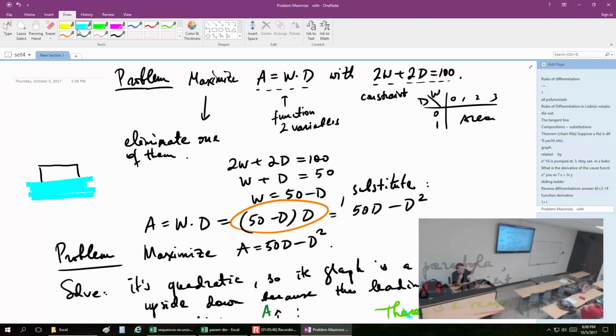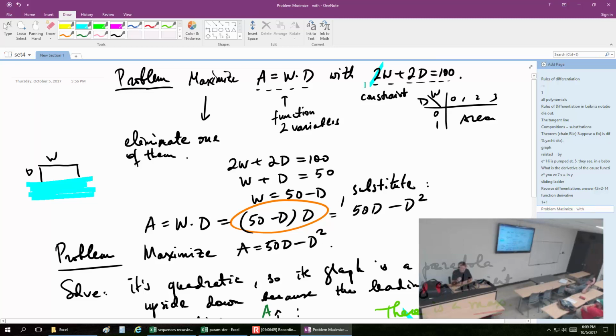So what do we have to fix in order to have this new problem? Area is still W times D. This is still D and this is W. What's the constraint? W plus 2D equals 100. Say it again. One W. This will be gone, right?